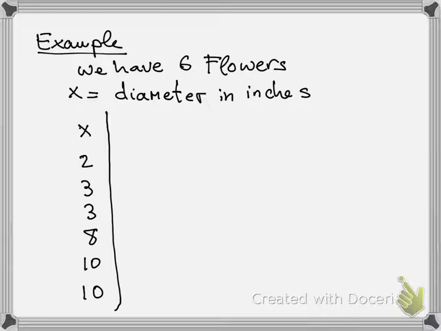Okay, so let's say you want to compute the z-score. So what would be the z-score? Remember the formula for z, we said it's x minus mu over sigma. So we need the mean and the standard deviation. You can compute the mean.